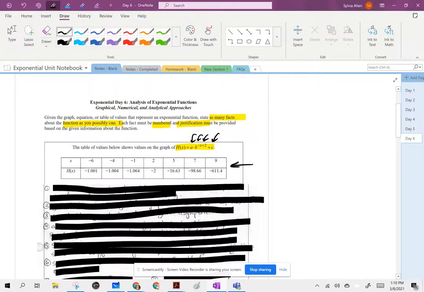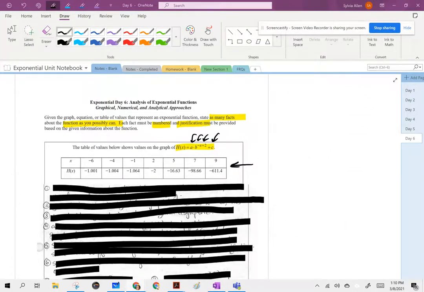You always, with functions, want to also address domain and range. Anything that you can determine, you want to try and think about. So go ahead and try and think of as many different things as you can, and then we'll watch the video and see how many that you are correctly able to identify on your own.